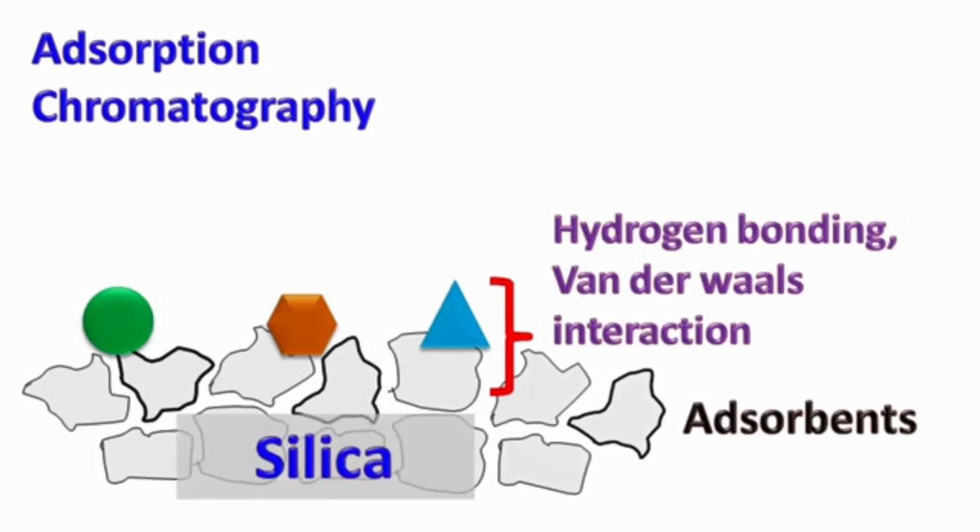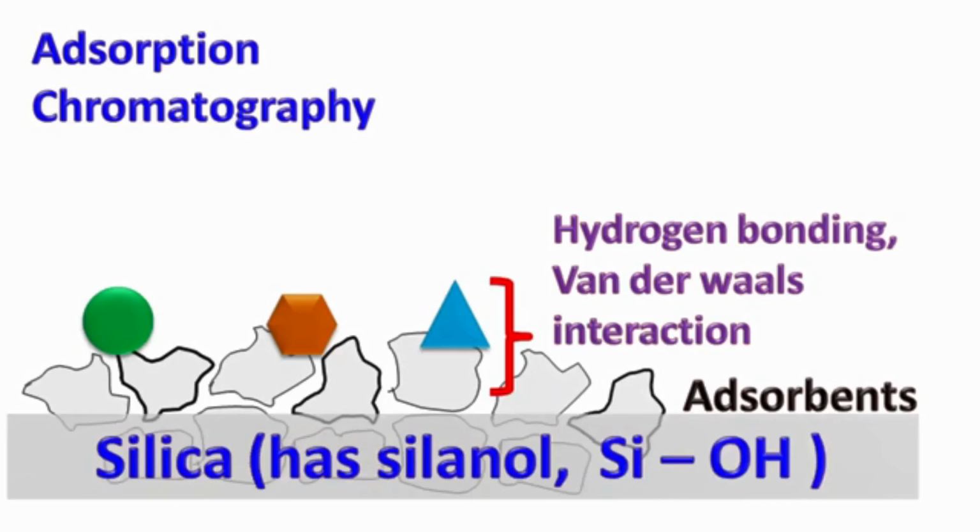One of the common adsorbents used in adsorption chromatography is silica. Silica has an SiOH functional group, also known as silanol. The SiOH group interacts with other functional groups of the sample molecules.